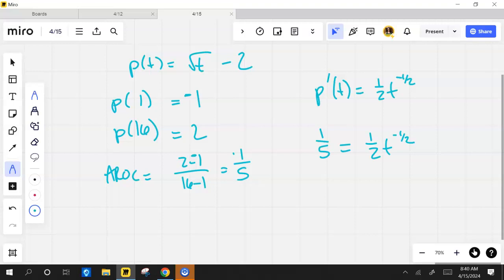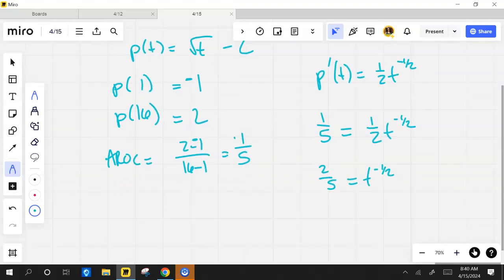I'm going to multiply this by 2. Raise both sides to the negative 2, so it's going to flip over and square, so I get 25 over 4.